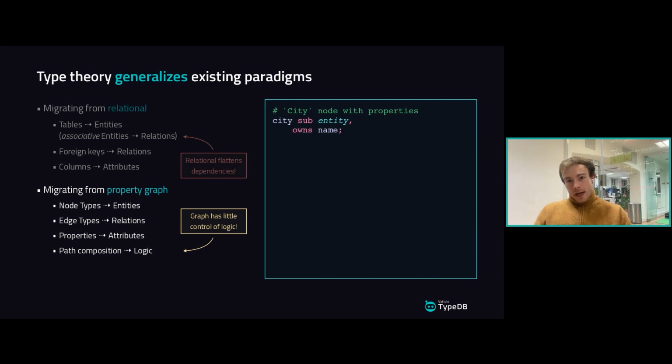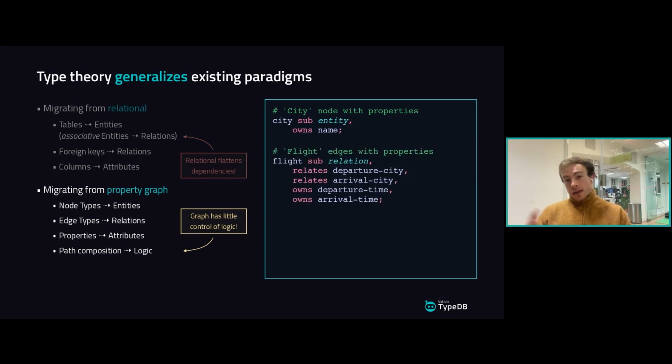So let's also look at an example. Let's look at a graph which first has, let's say, city nodes. So you model city as an entity type. Maybe these nodes are named, so they would own a name attribute. And then there can be flight edges between these cities, which, well, relate the departure city where the flight is departing and the arrival city where the flight is arriving.